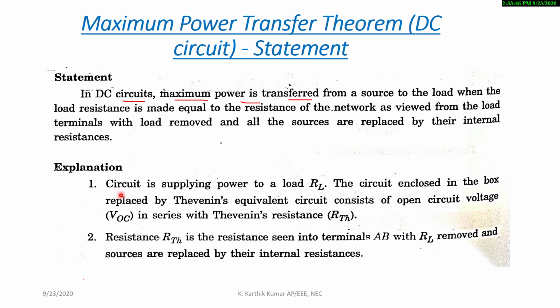Next is the explanation. The circuit is supplying power to a load RL. The circuit enclosed in a box is replaced by Thevenin's equivalent circuit, which consists of open circuit voltage VOC in series with Thevenin's resistance RTH. The resistance RTH is the resistance seen into terminals AB with RL removed and sources replaced by their internal resistances.